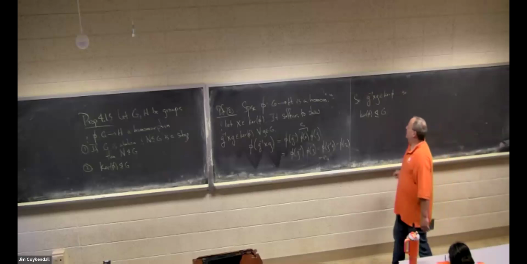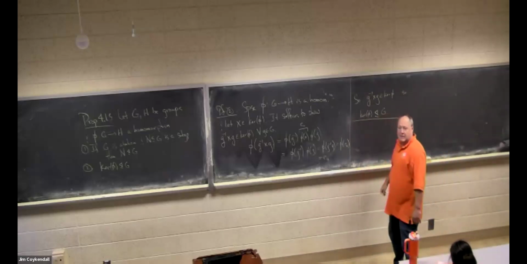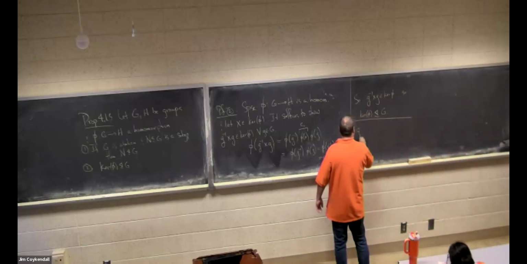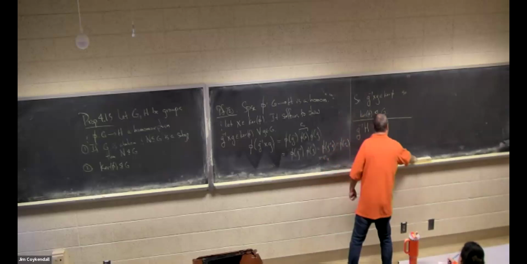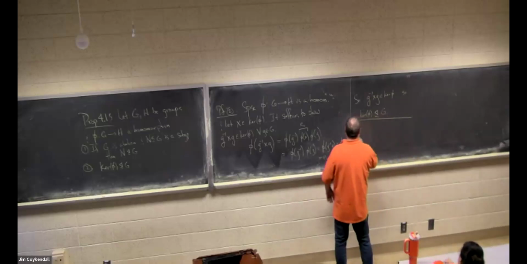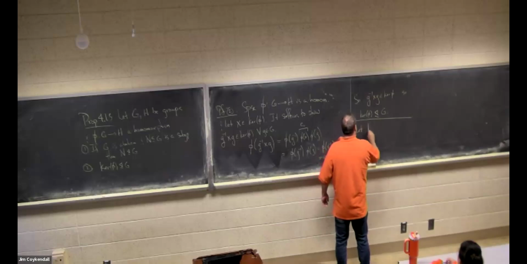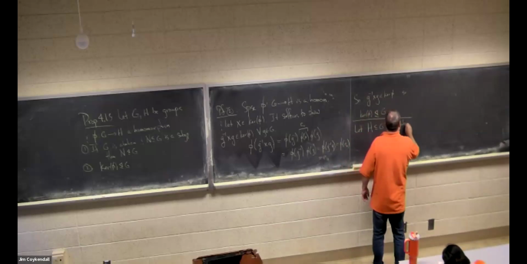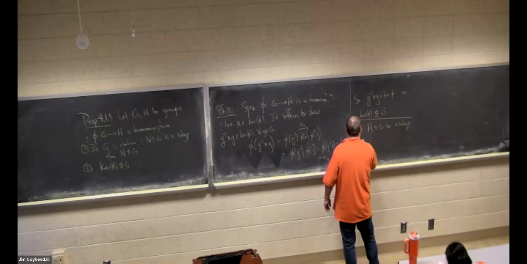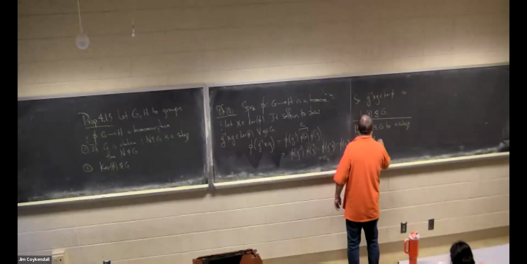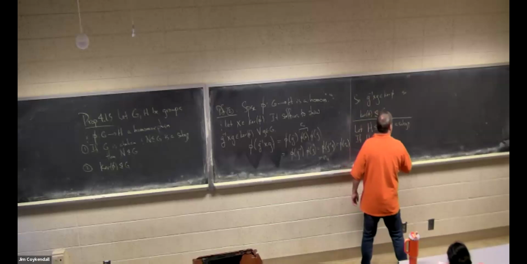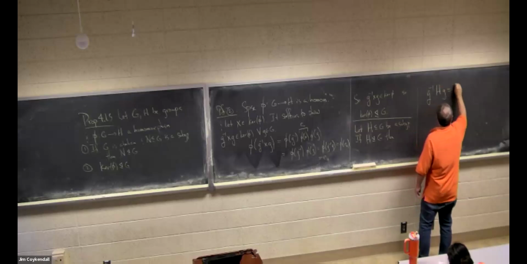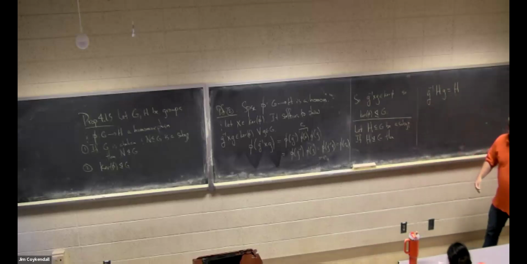Now, I'm going to be fast and loose, a little sloppy here, but I'm going to come back and talk about what I've done. Write some down first. Let G be a group. If H is normal in G, then gH equals Hg.